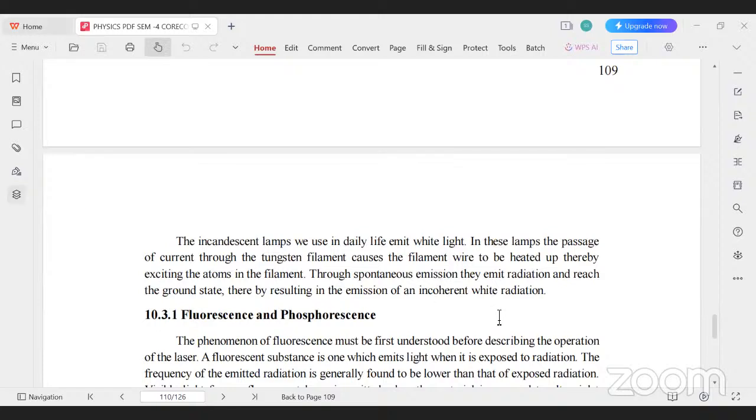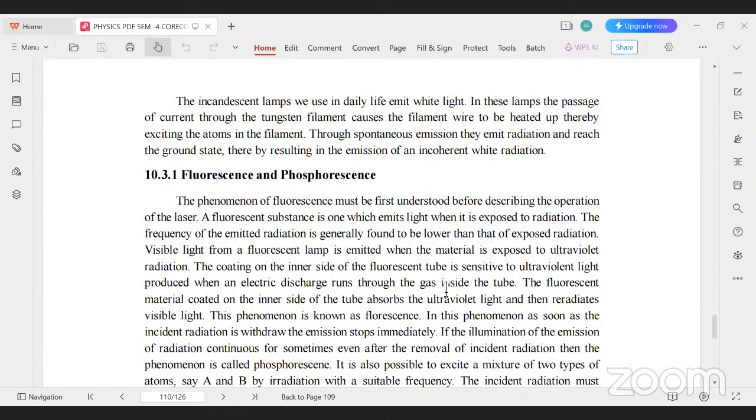Fluorescence and phosphorescence. The phenomenon of fluorescence must be first understood before describing the operation of the laser. A fluorescent substance is one which emits light when it is exposed to radiation.